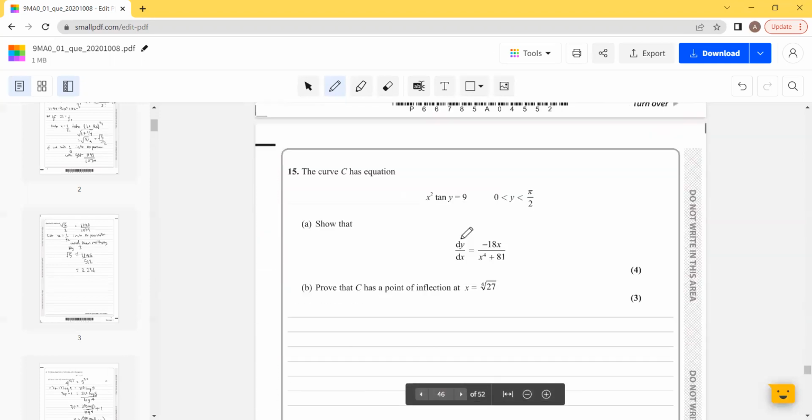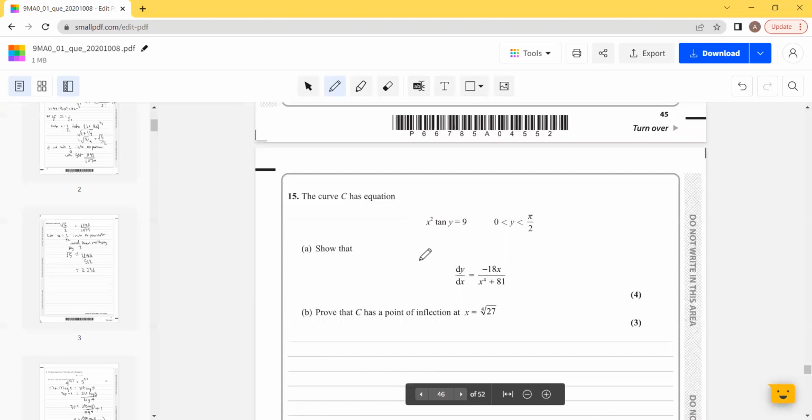Okay. Question 15. The curve C has equation x squared tan y is equal to 9. Show that dy by dx is equal to minus 18x over x to the 4th power plus 81. Okay, so now this is a case of being able to do implicit differentiation. So x squared tan y is equal to 9.